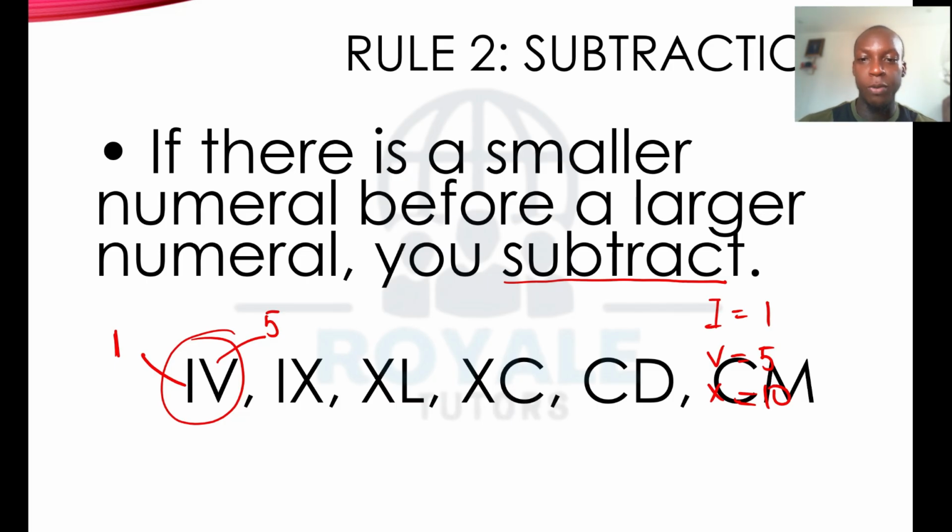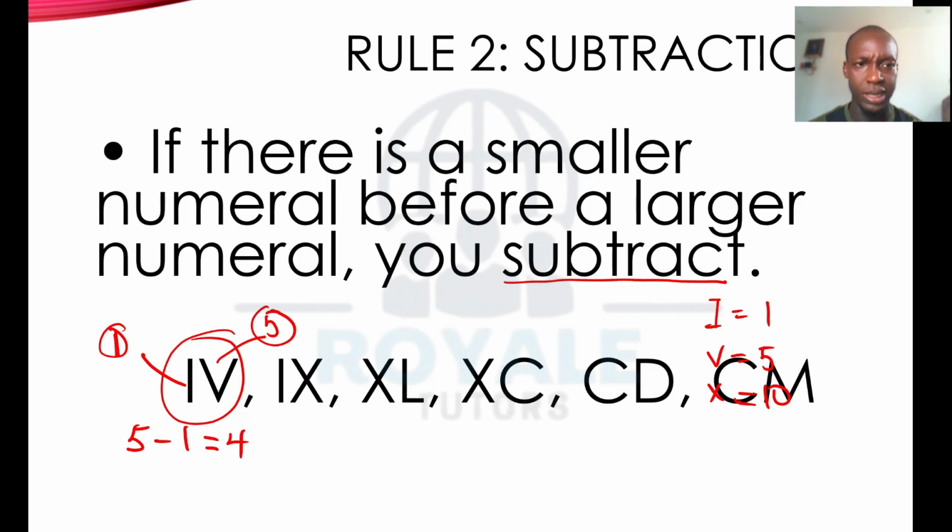I told you that when we write in the Roman numeral system, we don't just add them together, we don't just bring them together, rather we do some manipulations. But in this case, because I have a smaller numeral before a larger numeral, what exactly do I do? I subtract. So this is 1 and this is 5. Of course, when I want to subtract, I do the bigger one minus the smaller one. So this becomes 5 minus 1, and it means that IV is what? 4. I don't know if you got that correctly.